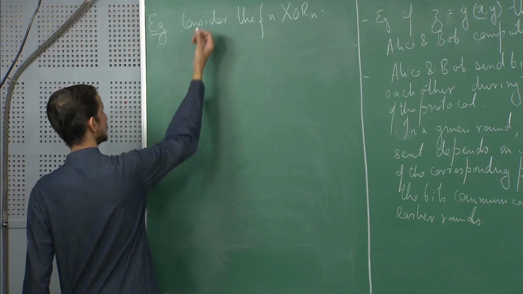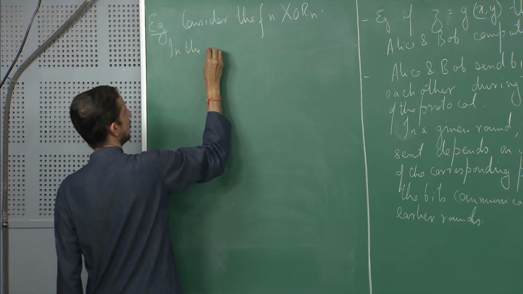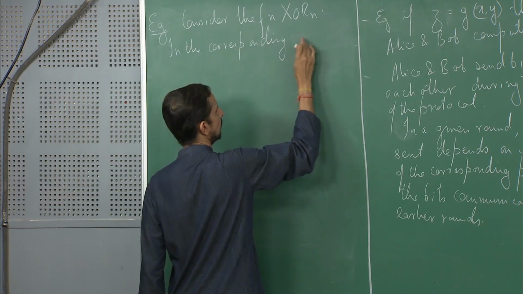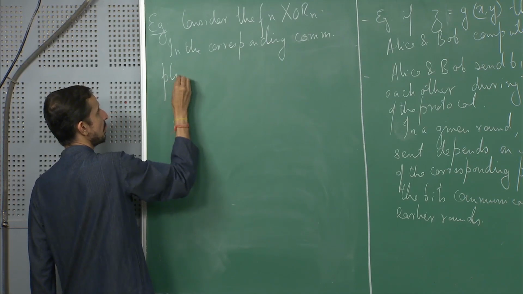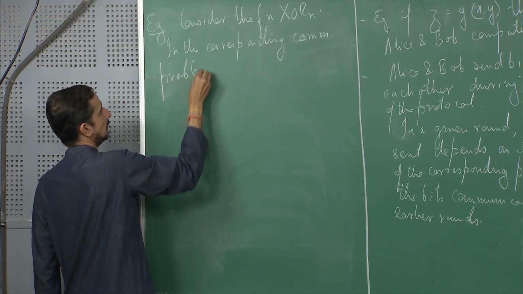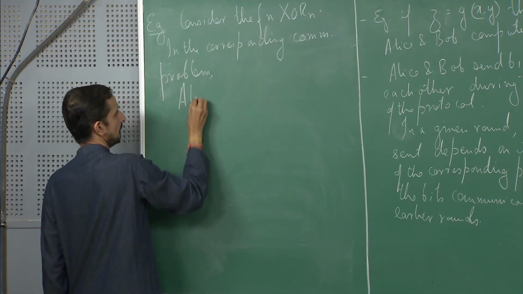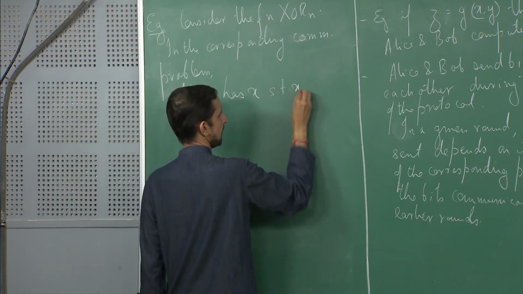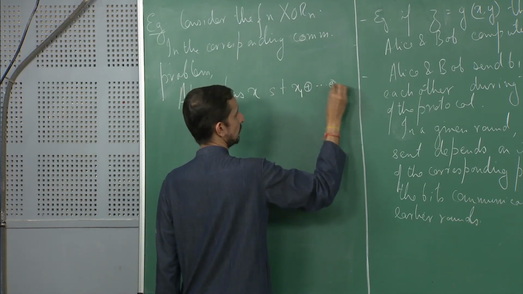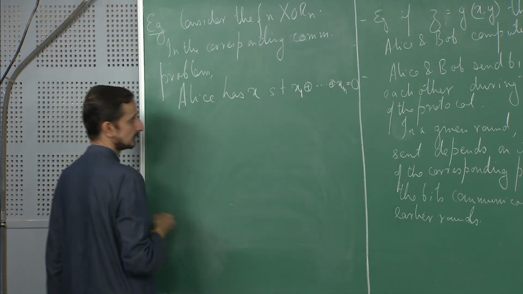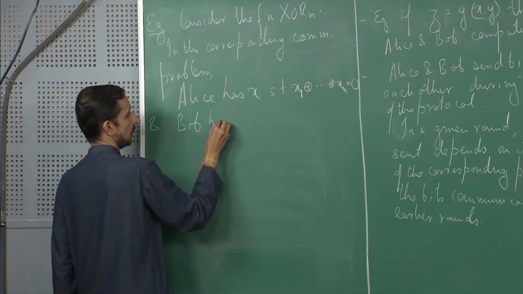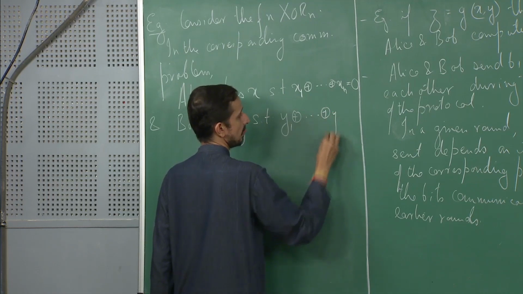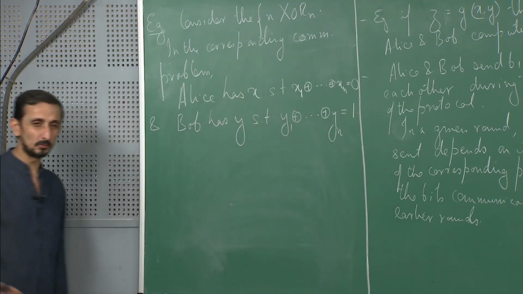In the corresponding communication problem, Alice has x such that the parity of x1 up to xn is equal to 0, and Bob has y such that the parity of y1 up to yn is equal to 1. So both Alice and Bob have two strings.